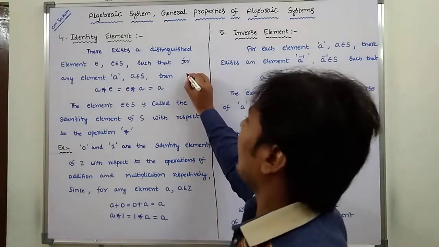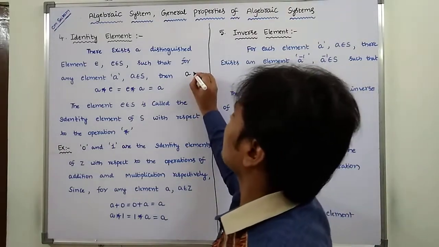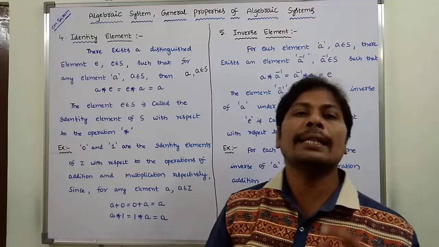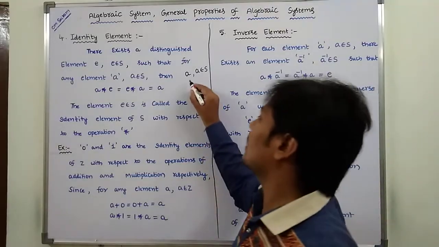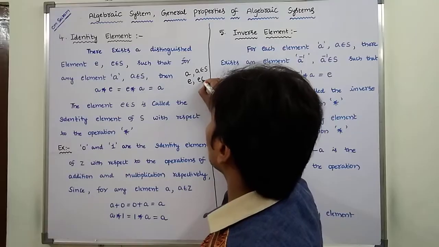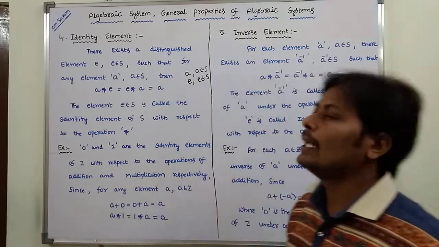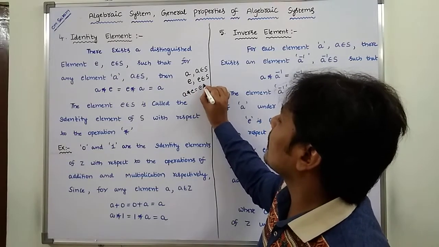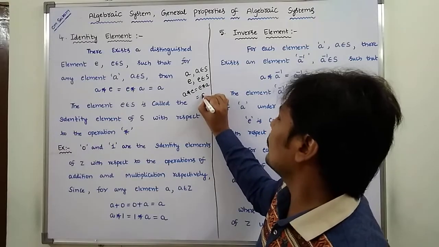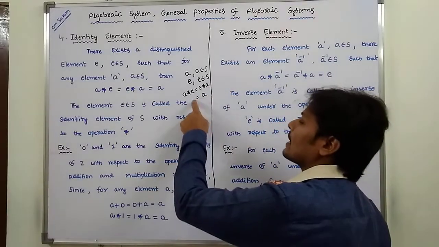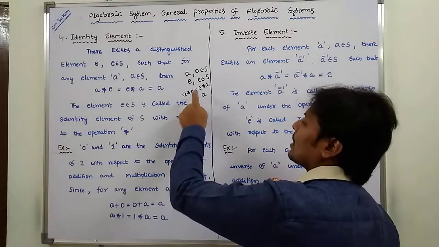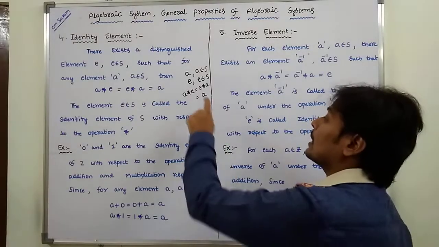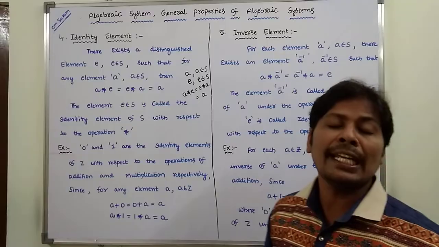Suppose we take an element A, so that A belongs to S. And also we can take a distinguished element, that is E, E belongs to S. Then A star E is equal to E star A is equal to A. So it satisfies this condition: A star E is equal to E star A is equal to A, where E is called the identity element.